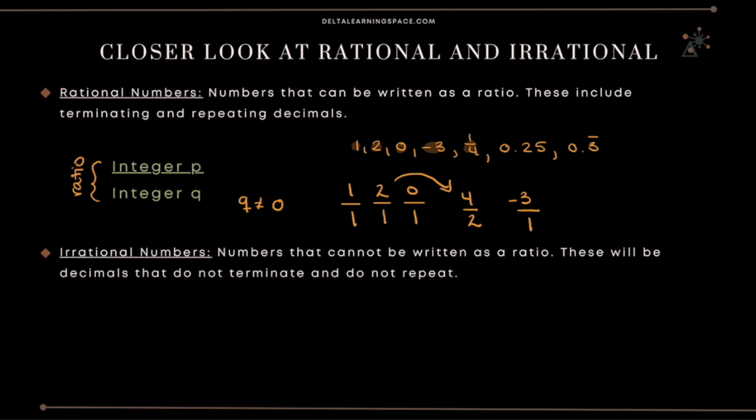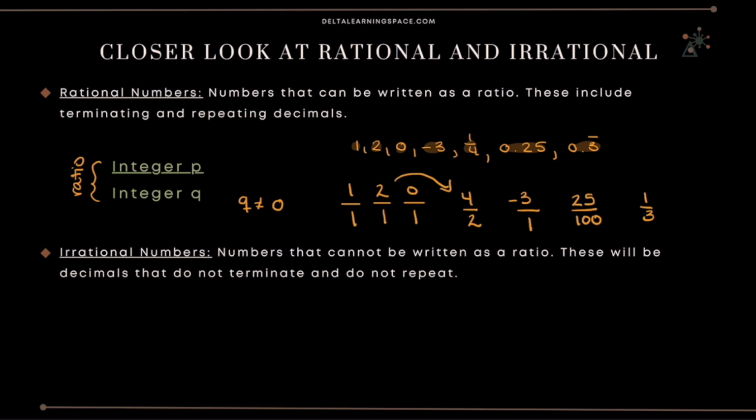Our decimal, so here we have a terminating decimal. It ends at 0.25, and every terminating decimal can be rewritten as a fraction. 0.25 can be rewritten as 25 over 100. And our last one, that 0.3 repeated, every repeating decimal can be represented as a ratio. 0.3 repeated is equivalent to 1/3.